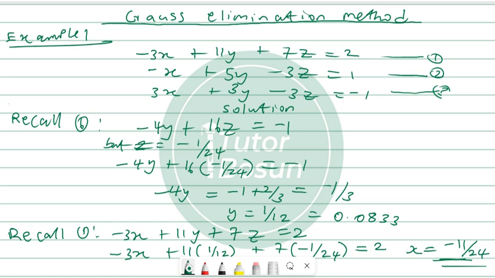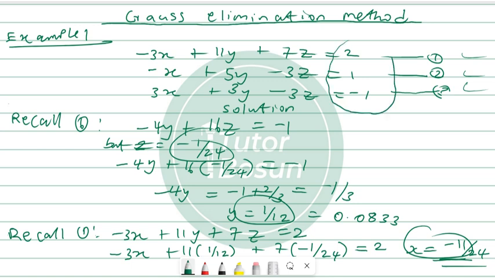Substitute your value of x, your value of y, and your value of z into any of equation 1, equation 2, or equation 3, to check if it's equal to the constant. If they are equal to this constant, then you have not made any mistake, then you are on track.